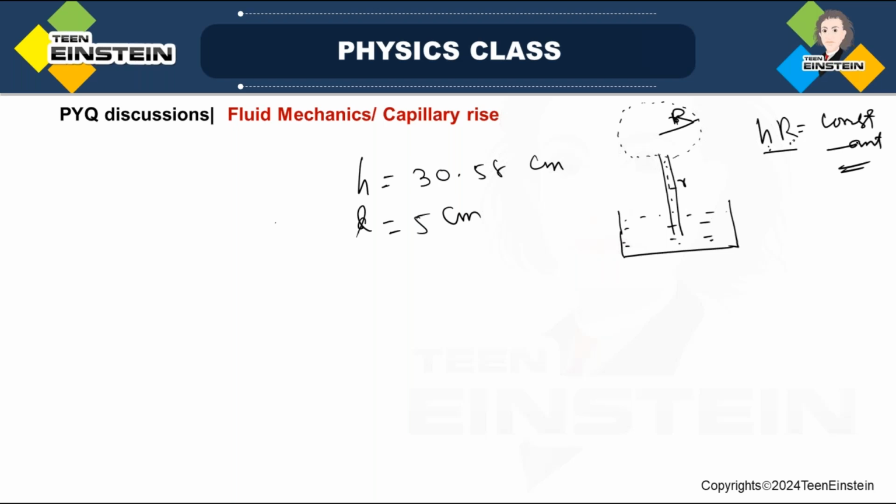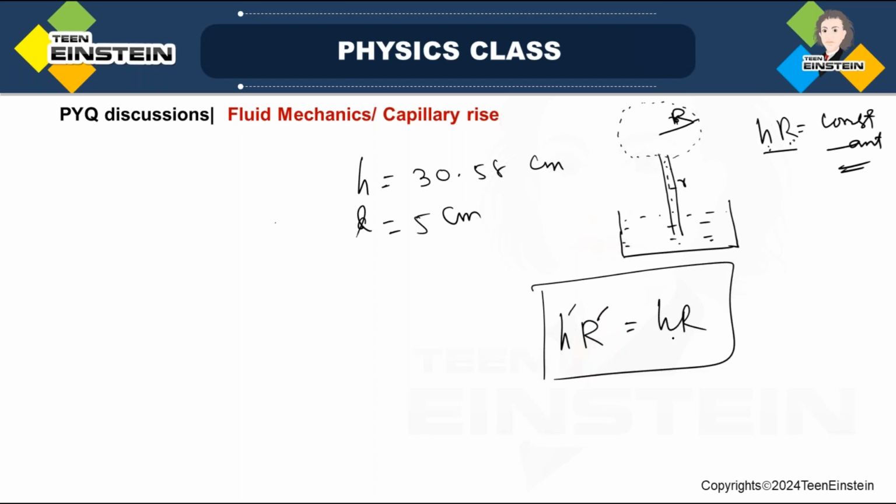And the third point was whether the water will overflow. The answer is no. We have seen in case of insufficient tube length, the liquid will not overflow, rather it will go up to the upper end, and the liquid meniscus will adjust the radius of curvature in such a way that h prime into R prime is equal to hR.